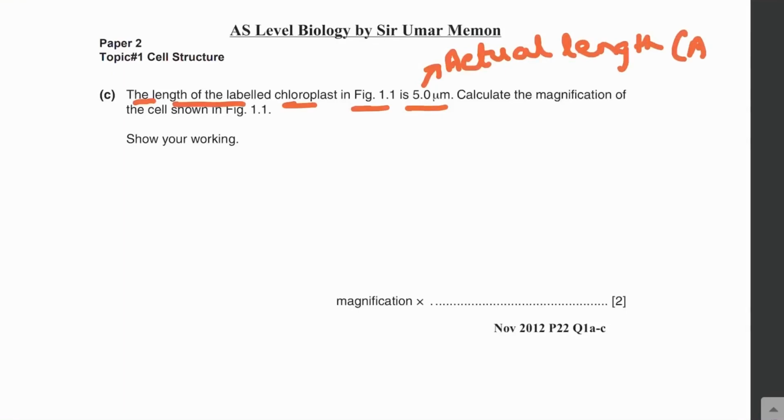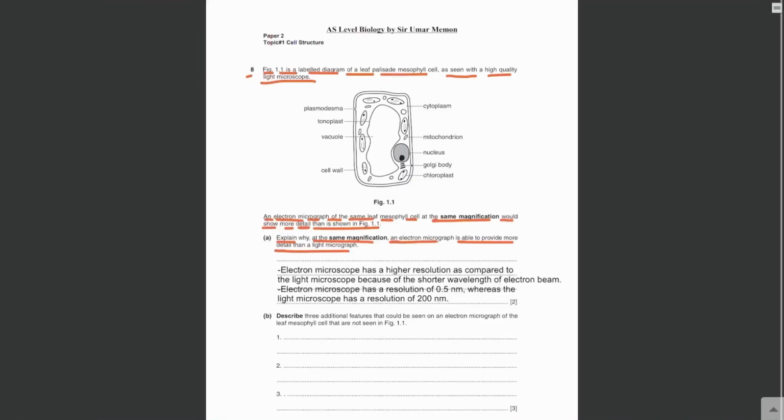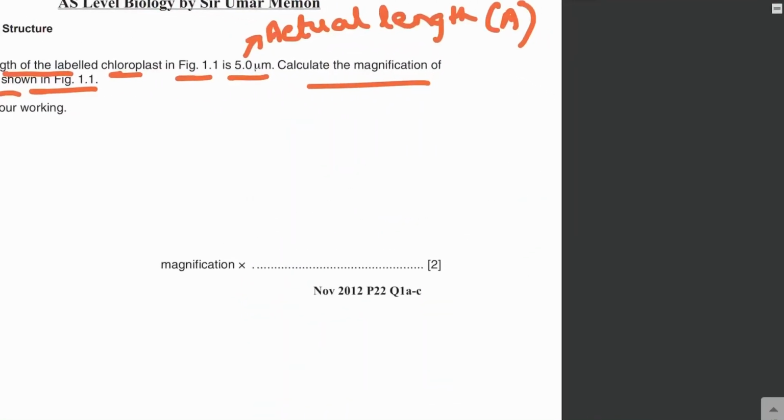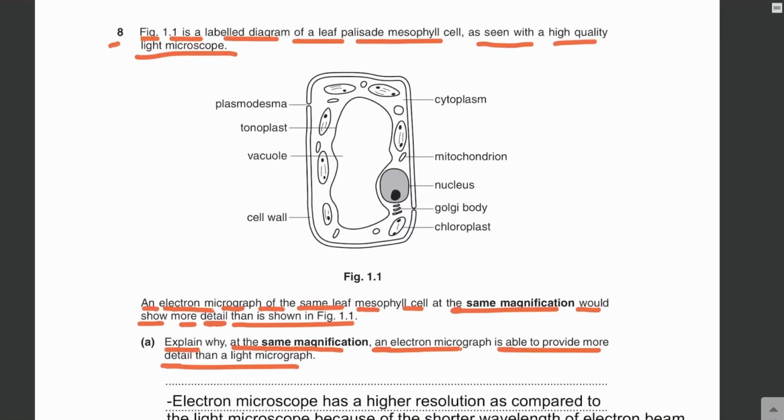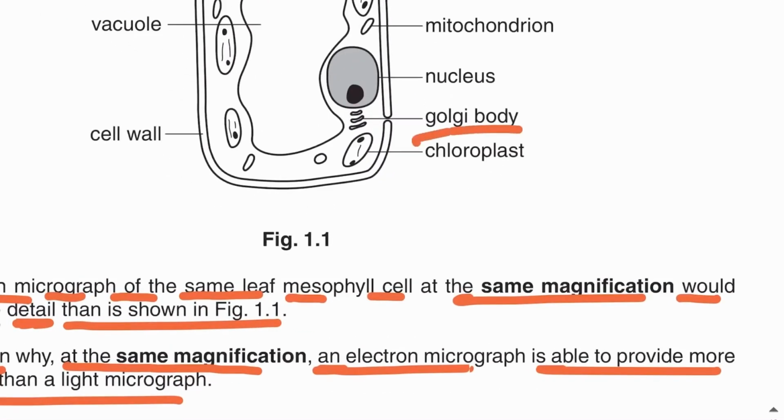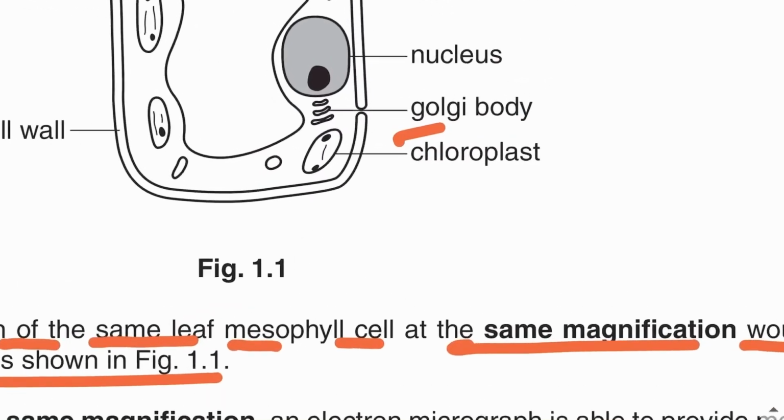Okay, calculate the magnification of the cell shown in figure 1.1. So we have to state the magnification of the cell that is shown in figure 1.1. So how do we calculate the magnification? Simply, we know the actual length of the chloroplast. So what we can do is use a scale to measure the length of this chloroplast. This will be the image length when we use a scale to measure the chloroplast.